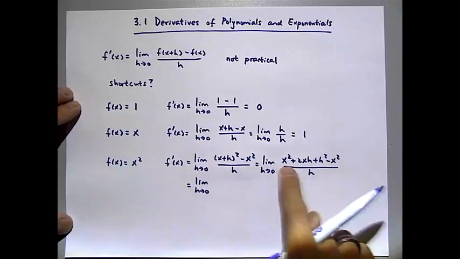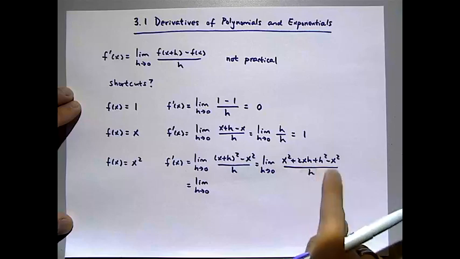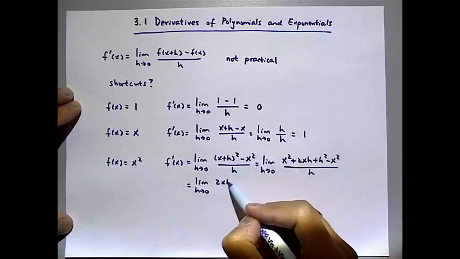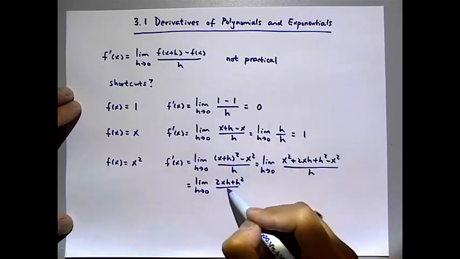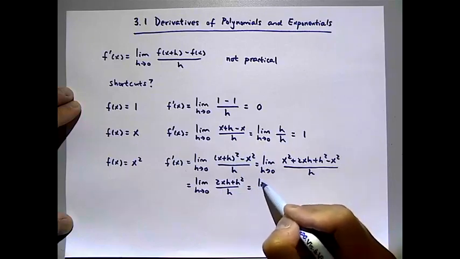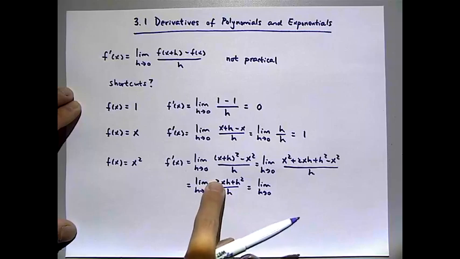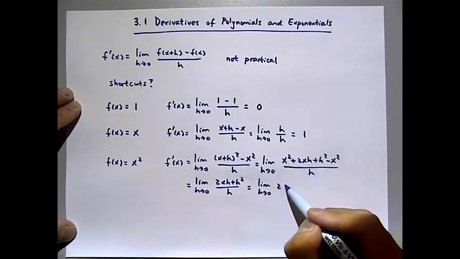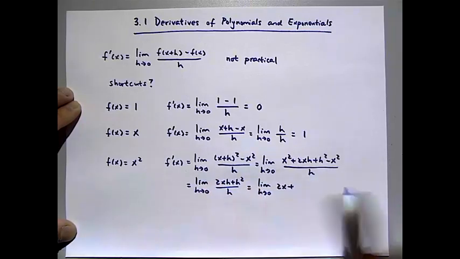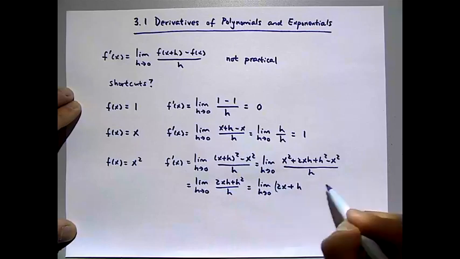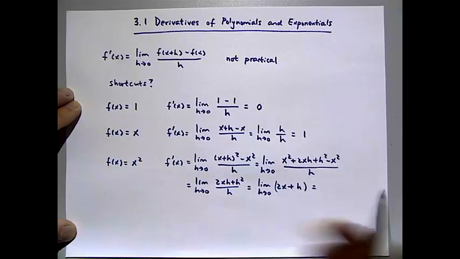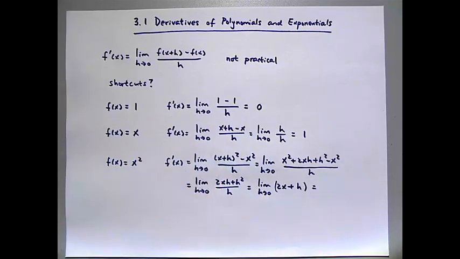Simplify the numerator, the x squared terms go away. We got 2xh plus h squared all over h. Everything gets divided by h, so 2xh over h is 2x. h squared over h is h. And when h goes to 0, 2x is the thing that remains.